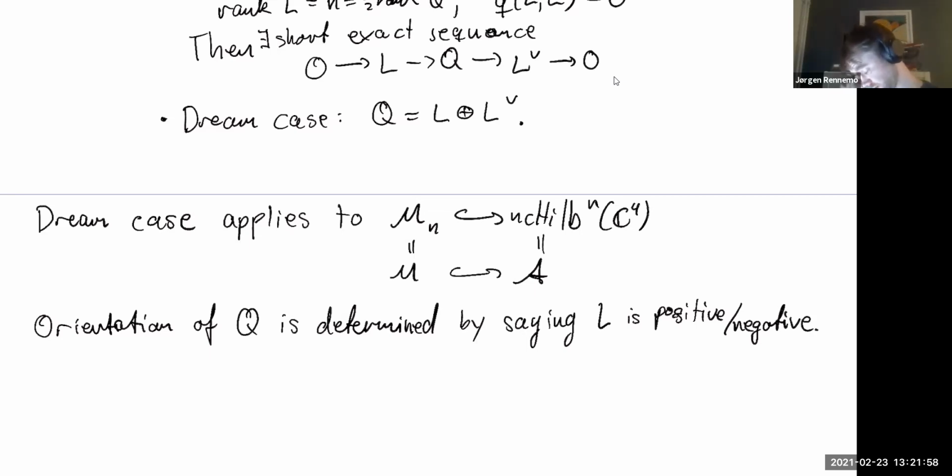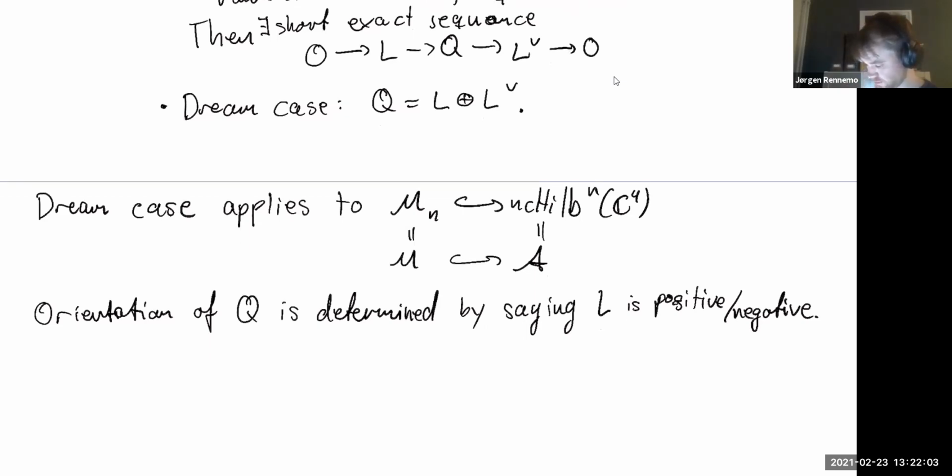So if I give you an orientation of a quadratic space, that gives a sign to any maximal isotropic subspace. And conversely, if you fix a maximal isotropic subspace and give it a sign, that's the same thing as specifying an orientation.